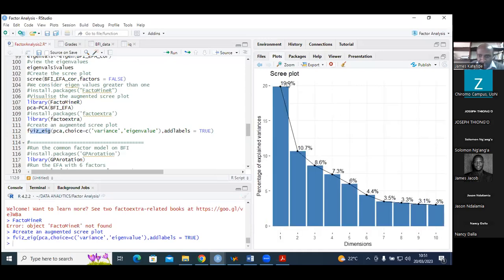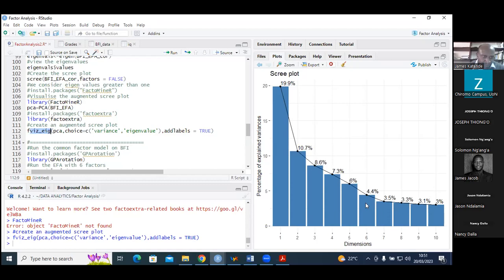So the first eigenvalue explains 19, followed by 10, 8, 7, and 6. So the first 6 would stop here. And those are what was suggested by the scree plot, where there's a sudden change in slope, or sometimes they call it the elbow. So that is if you were to use the PCA method to find the factors.